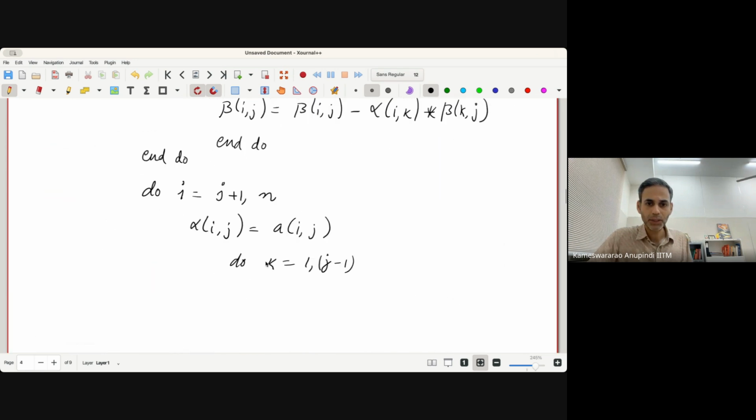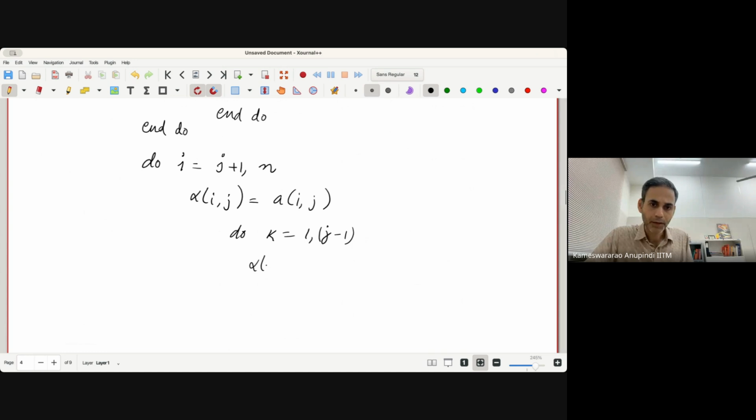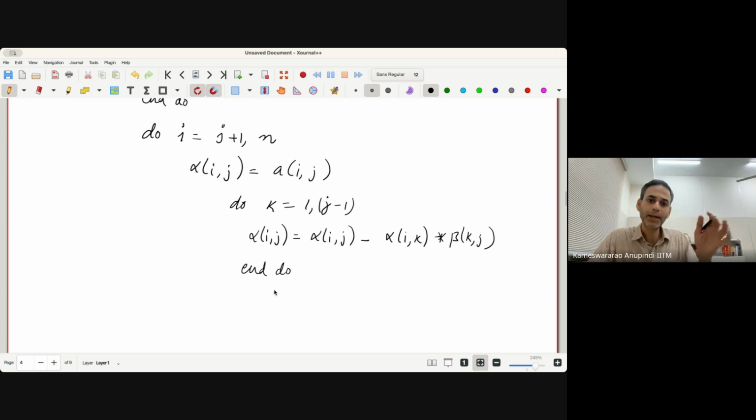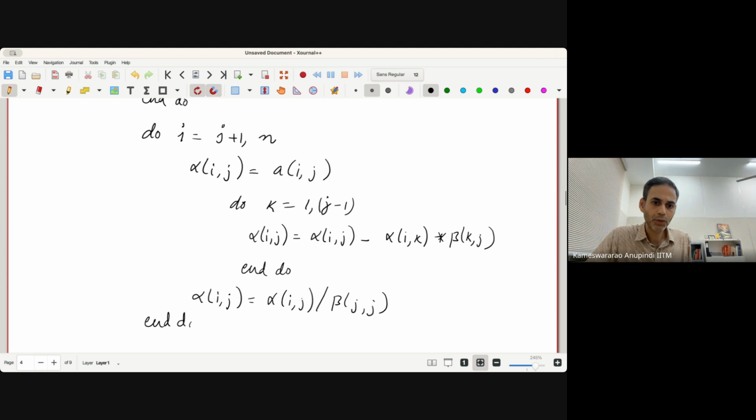So this is going to be alpha ij equals alpha ij minus alpha ik star beta kj, and end do. That's going to subtract all the elements. Then once I'm done with this, I have to also divide this alpha ij by beta jj that is there in the denominator. And then I'm going to do end do. That's going to calculate all the alpha values.